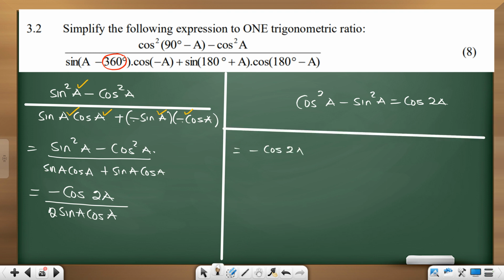Negative cos 2A over sine 2A. What is this? Is this tan? Yes or no? No. It is 1 over tan 2A. 8 marks in the bag. Done. Come on. Are you still going to cry about trigs?